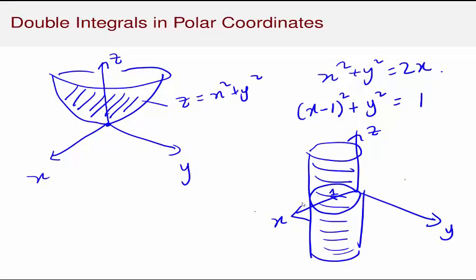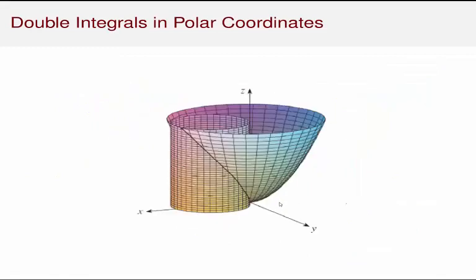Next, we are going to combine these surfaces and visualize the solid whose volume we need to find. And here's a picture of the solid that we're looking at. It's a solid sitting on the xy plane because the question says the solid must lie above the xy plane. So the bottom surface of the solid is the disk of radius 1 centered at (1, 0).